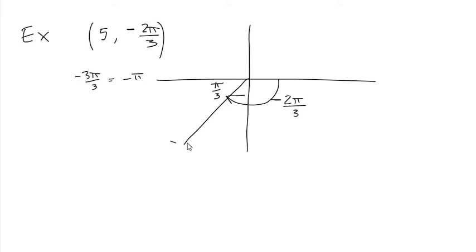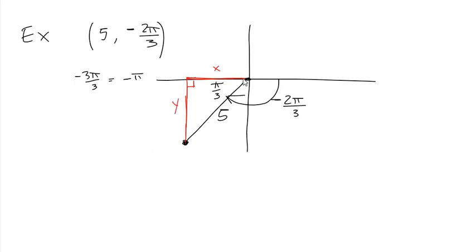And so here's the point we're interested in, right here. We want its Cartesian coordinates. And it is 5 units from the origin. So the coordinates that we want for the Cartesian system are going to be this x distance and this y distance.